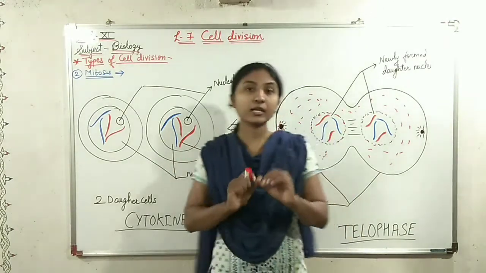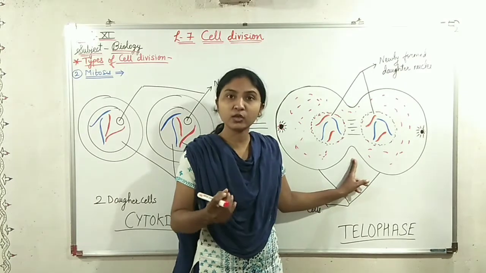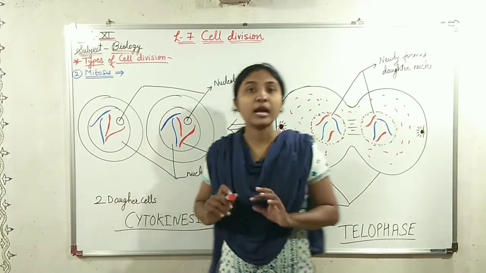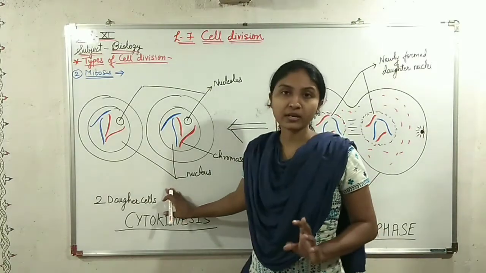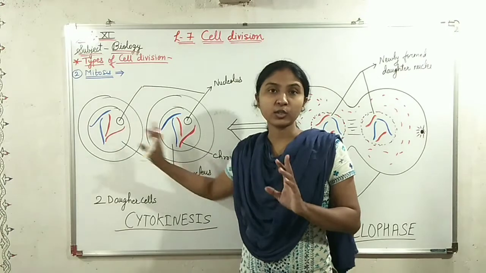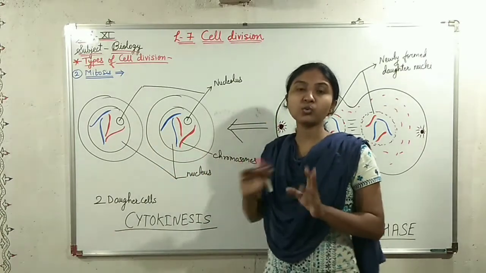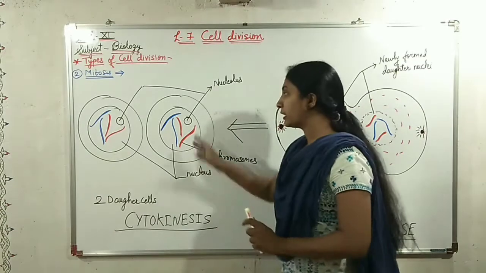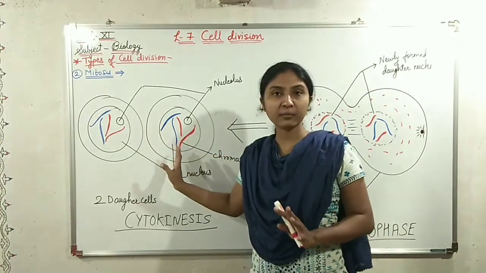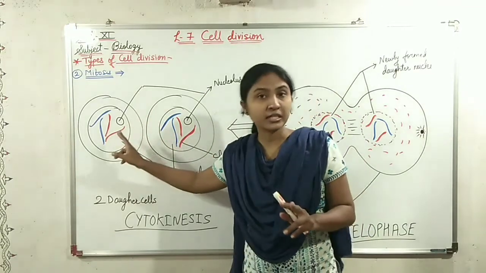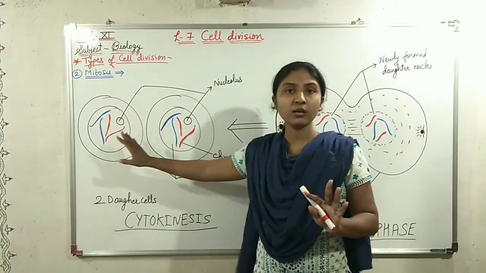The constriction which appeared in the telophase gets deeper and deeper, and finally in cytokinesis the cell is divided into two individual daughter cells which are similar to each other. They have an equal number of chromosomes, with equal genetic material distributed among both the cells.